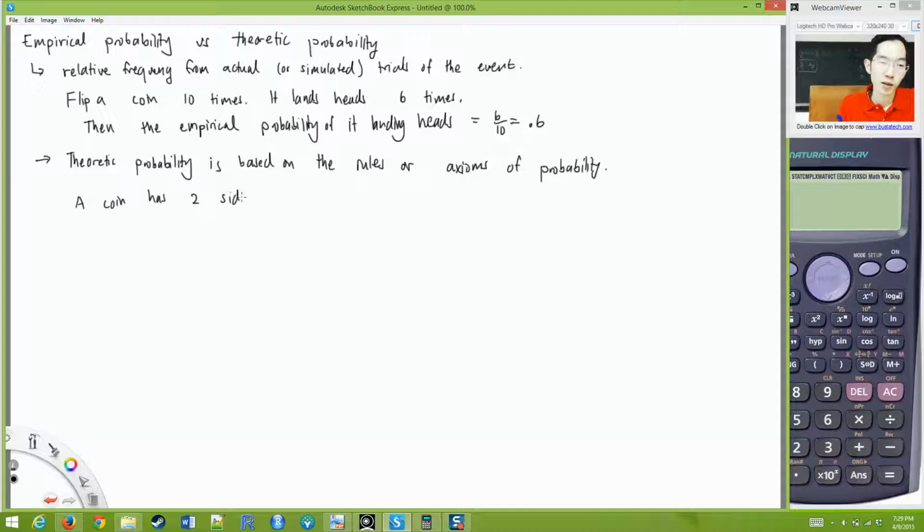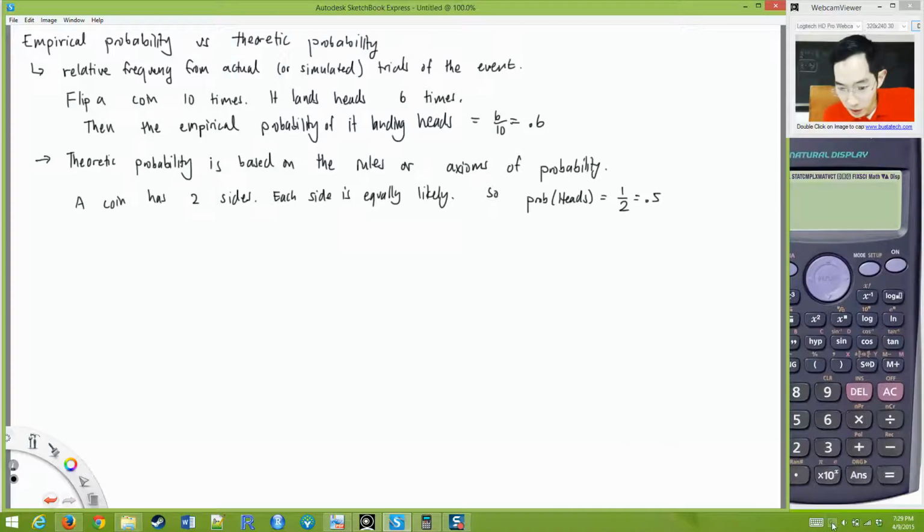Each side is equally likely. So the probability that the coin lands heads is equal to 1 out of 2, or 0.5.